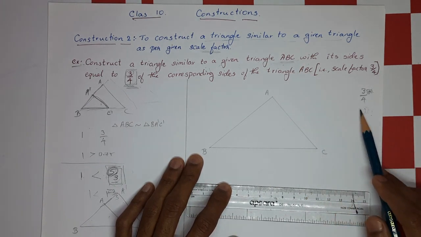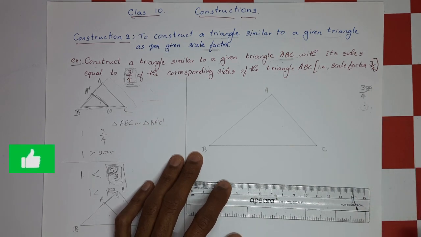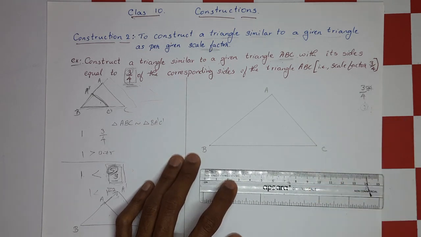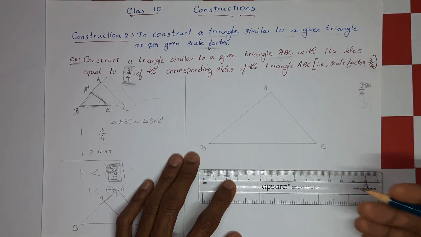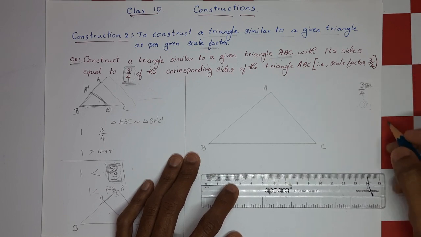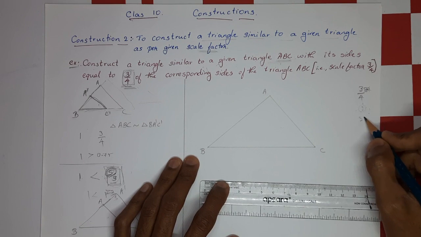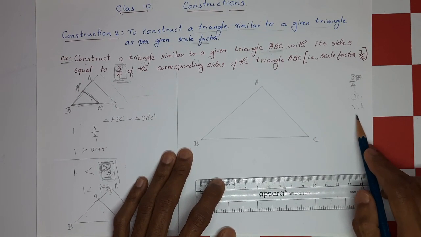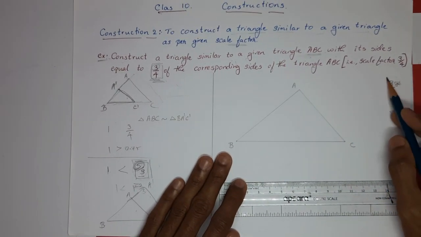Now the scale factor I have written here is 3:4. The 3:4 is very important here. You have to follow the same procedure as in the line segment. But one thing you have to remember: the 3:4 we took while drawing the line segment is not similar to the 3/4 here.